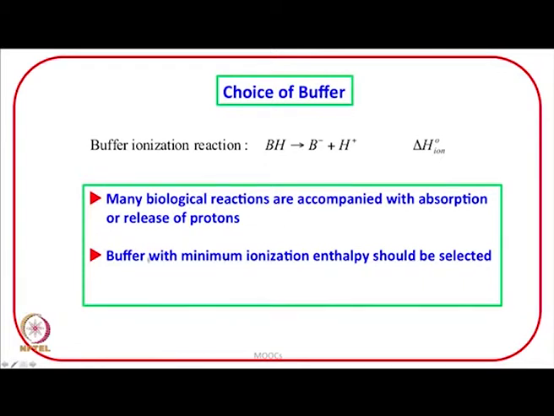Further, a buffer with minimum ionization enthalpy should be selected, and a buffer with high ionization enthalpy should be avoided, because high ionization enthalpy will affect the actual enthalpy of protein ligand interaction.